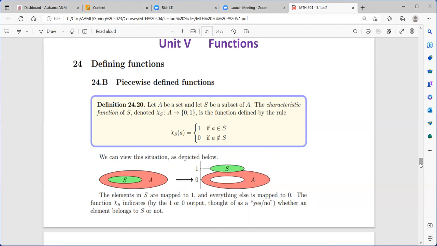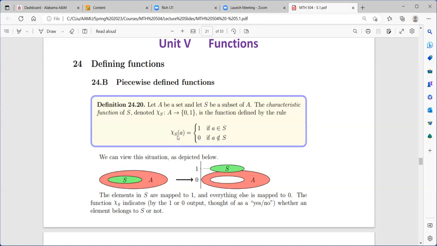Okay, so let's start from a set A, usually the domain of a function, and let's say S is a subset of this set A. Then the characteristic function of S is a function defined by this rule. The function value is 1 if x or a is in S, and the function value is 0 if a is not in S.